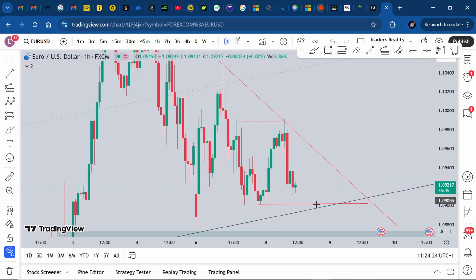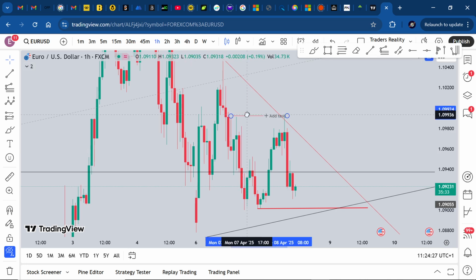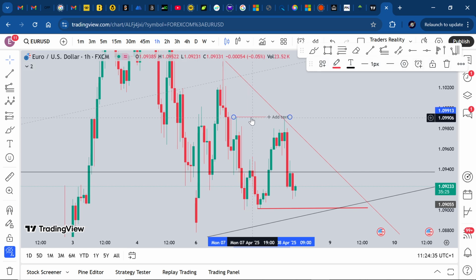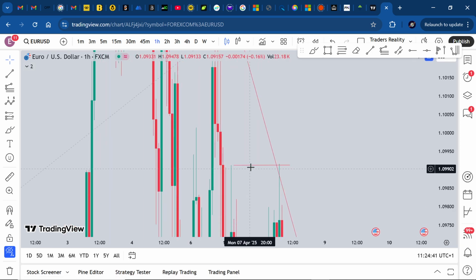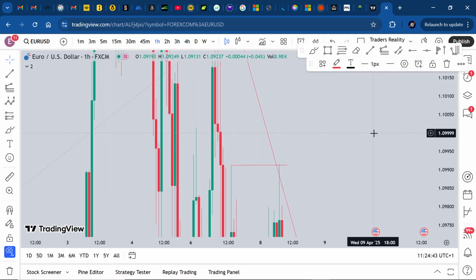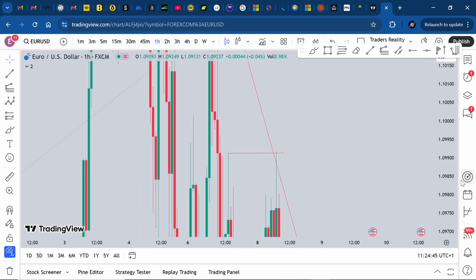Okay, so liquidity has been grabbed, only just, but it has been grabbed. And sometimes when they do these half-hearted grabs, they come back and they grab it again. But just so you can clearly see, it has been taken.